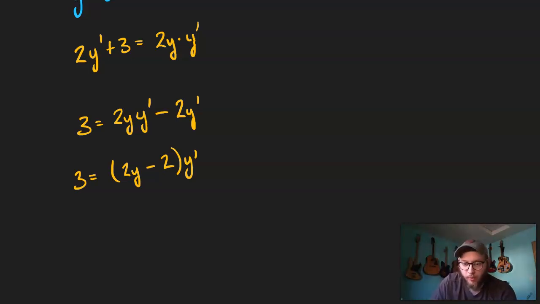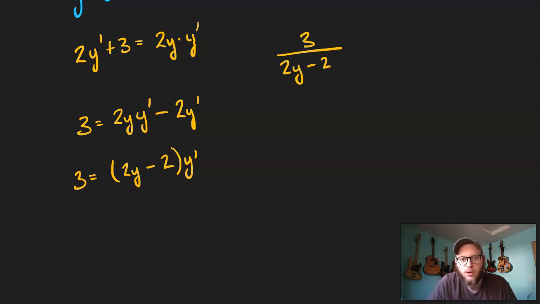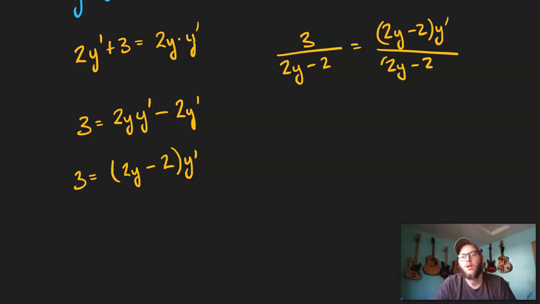As we know from algebra, but we're going to solidify here, the opposite operator for multiplication is simply division. So I need to divide by the thing I don't want. The thing I don't want is this on this side. So we're going to say 3 over 2y minus 2 equals 2y minus 2 times y prime over 2y minus 2.